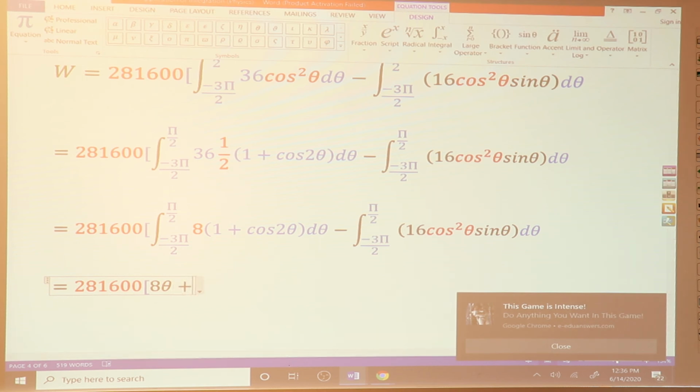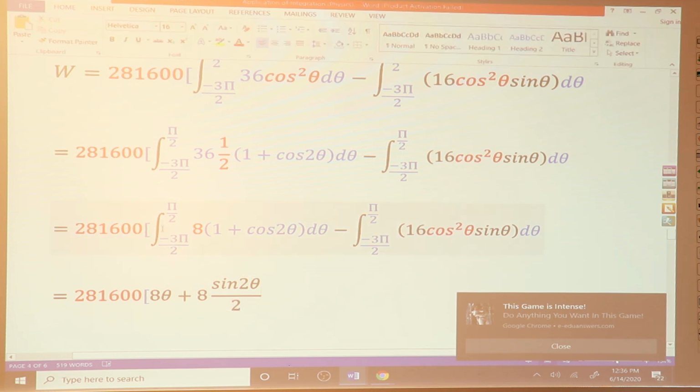Sine, right? 2 theta, but we have 18 sine 2 theta over 2. This is for the first integral.